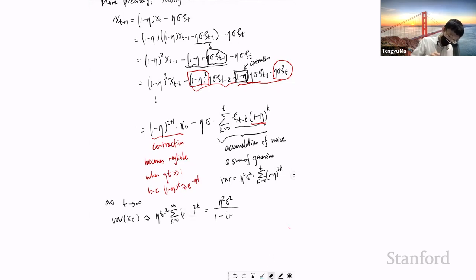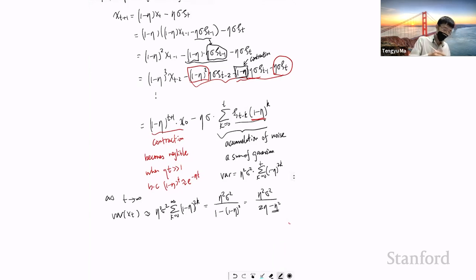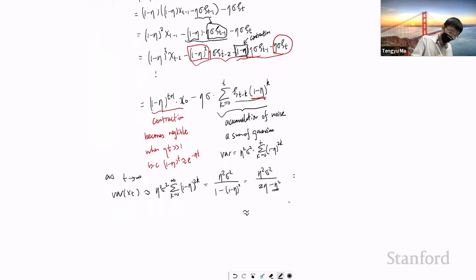Sorry, my writing is not very clean. 1 - (1 - η)² is how you compute the geometric series, and this is η²σ² over 2η - η², but the η² term can be dropped because it's a higher-order term. So this is approximately on the order of ησ².